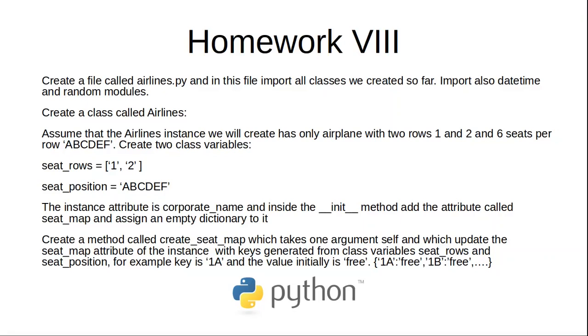dictionary to it. Create a method called createSeatMap, which takes one argument, self, and which updates the seatMap attribute of the instance with keys generated from class variable seatRows and seatPosition. For example, key is 1A and the value initially is free.